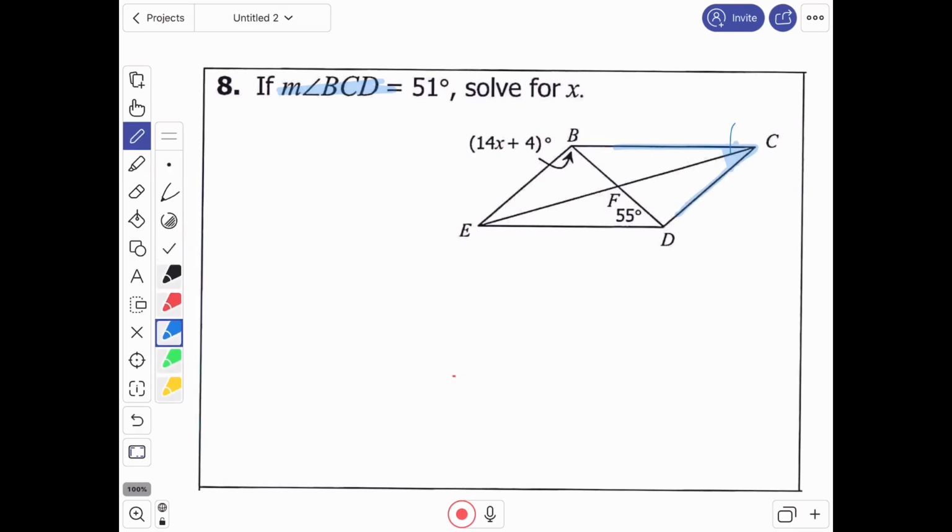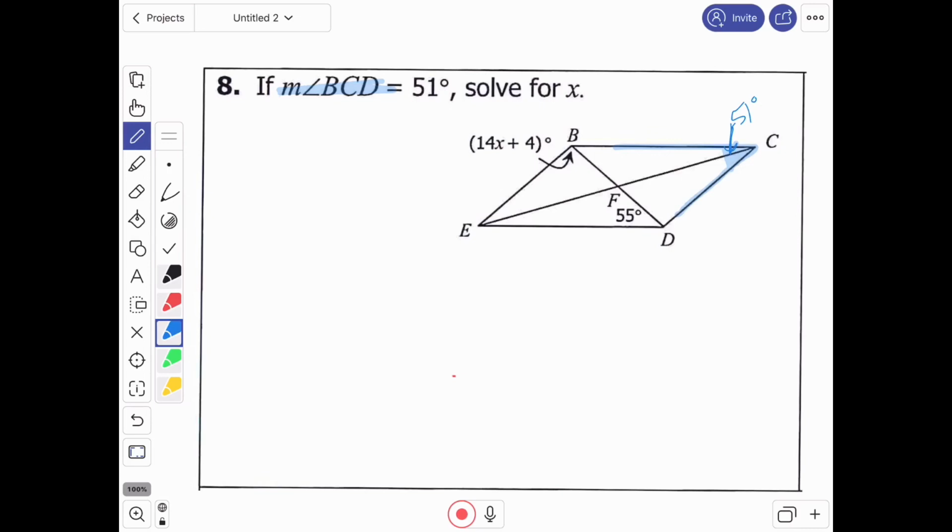So that is 51 degrees. And I know you guys don't have this worksheet to print off, but you can just draw a parallelogram and get as close as possible to this picture. I saw some decent pictures on your guys' homework that you turned in, though.